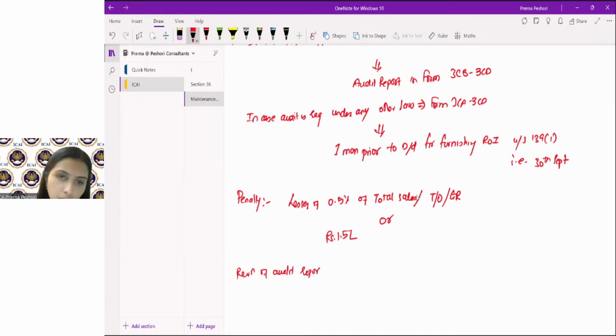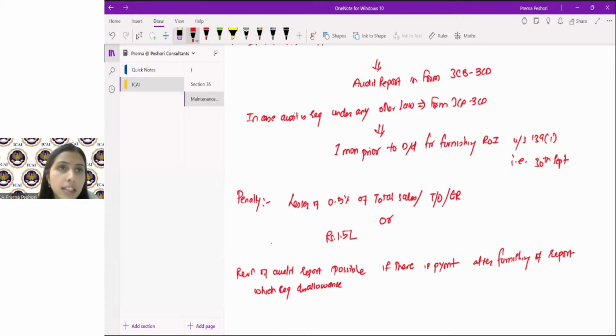Revision of audit report is possible only in this case, if there is payment after furnishing of report which requires the recalculation of disallowance under section 40 or 43B.